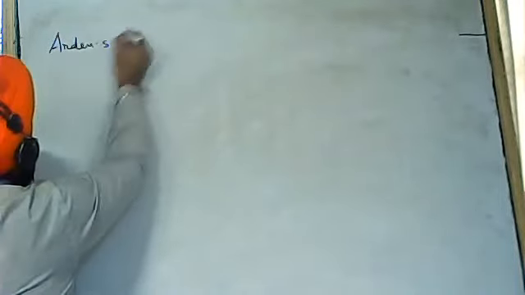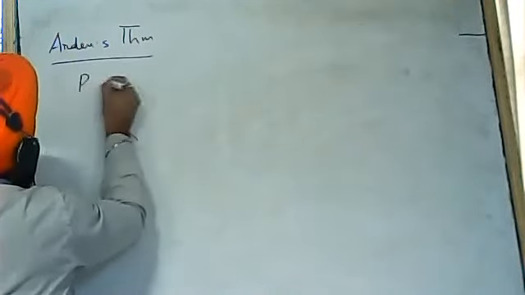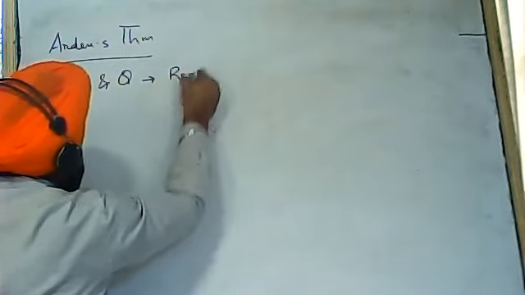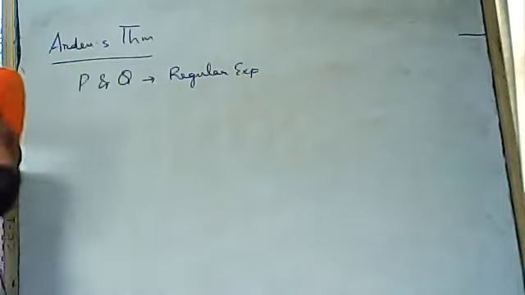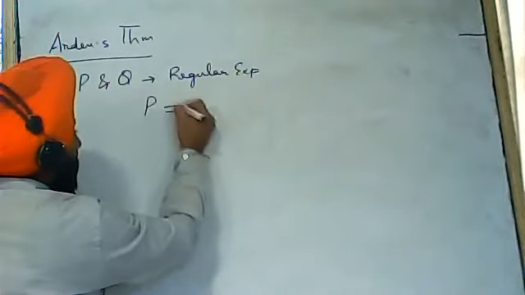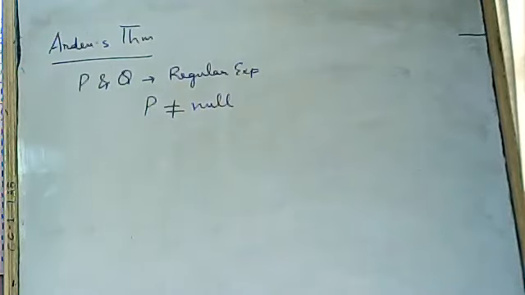Arden's theorem says that we have two regular expressions P and Q such that P is not equal to null, right?